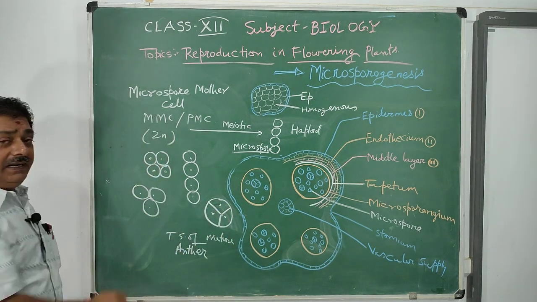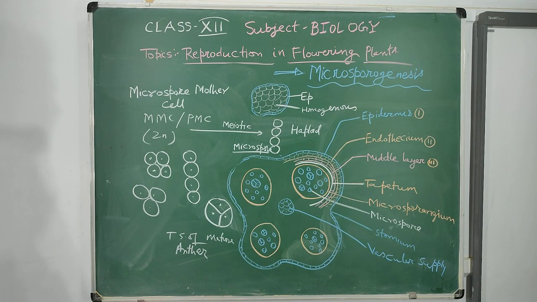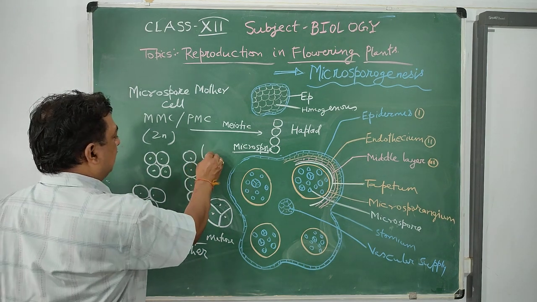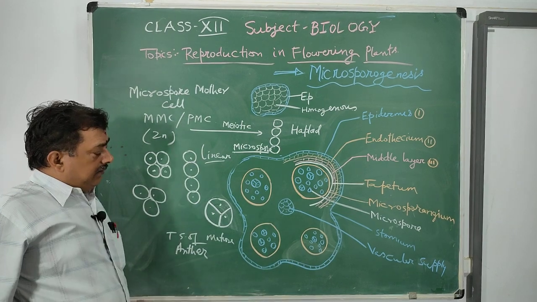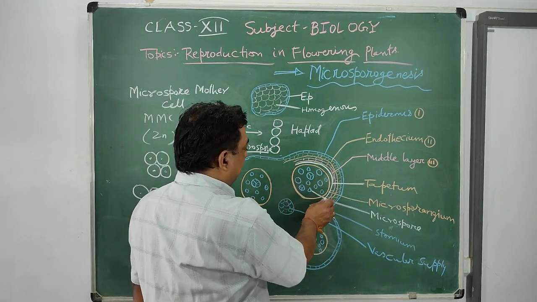So these are the different arrangements of the microspores. Arrangements are different, but the most common type is the linear type arrangement. So inside there are 4 microsporangia.